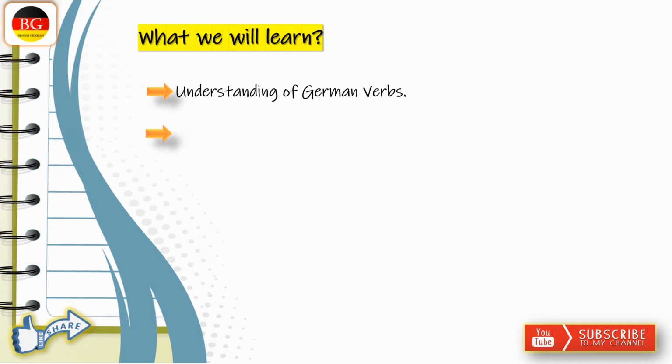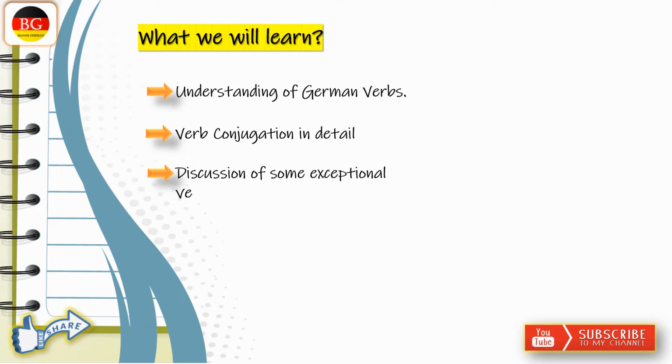Then we will see how verbs in the German language change according to the subject, that is the verb conjugation in detail. Third, we will discuss some exceptional verbs that don't follow the rules of basic verb conjugation. And as usual, in the last, we will do some Übung, that is practice exercises with explanation. So do watch this video till the end.